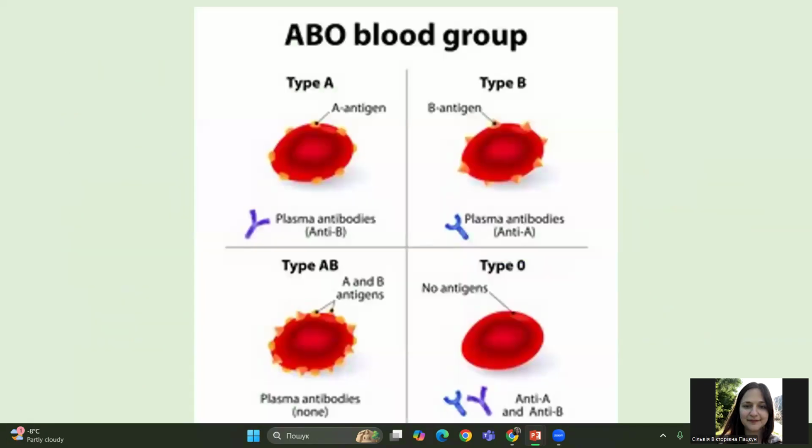Also, erythrocytes on their surface contain antigens which are responsible for the blood grouping according to the ABO system and Rh factor. So a person can have the presence of A antigen on the erythrocyte surface, B antigen, or both A and B antigens, or no antigen.